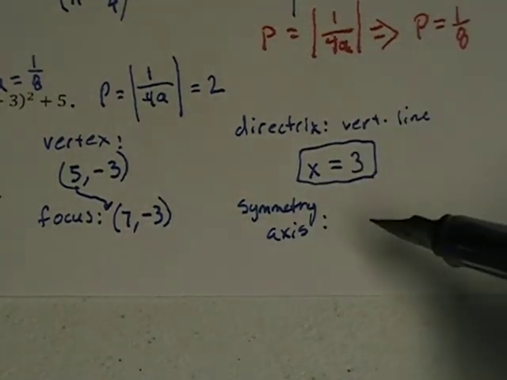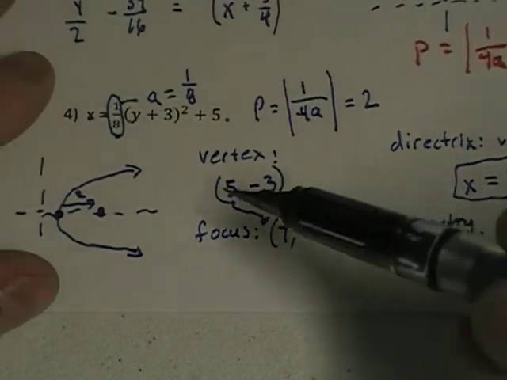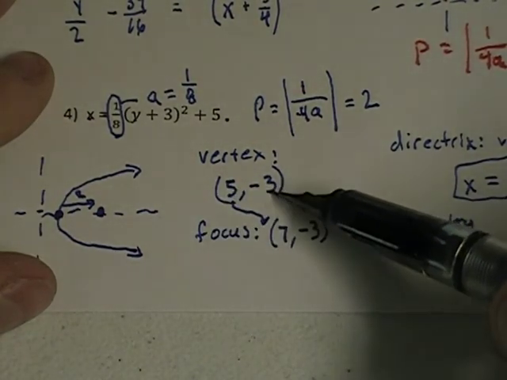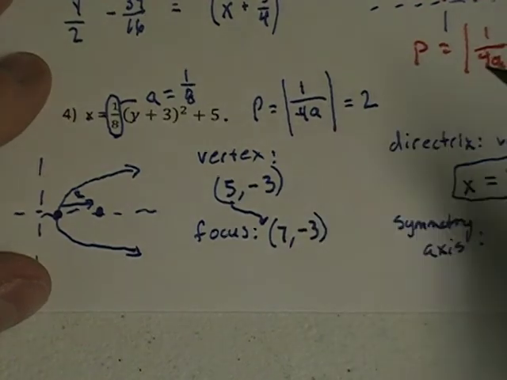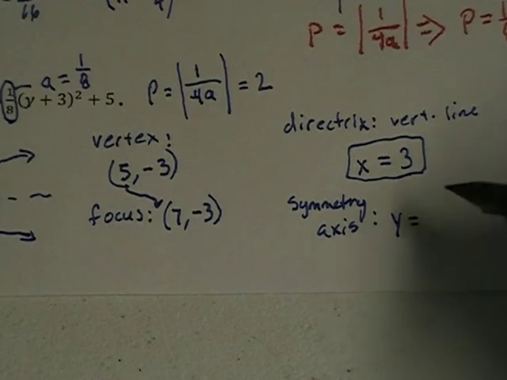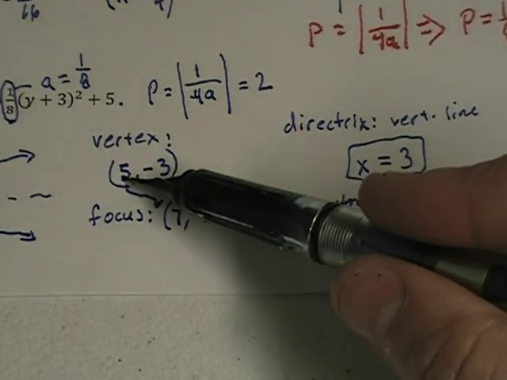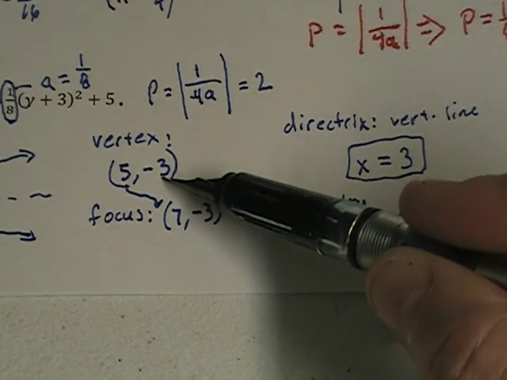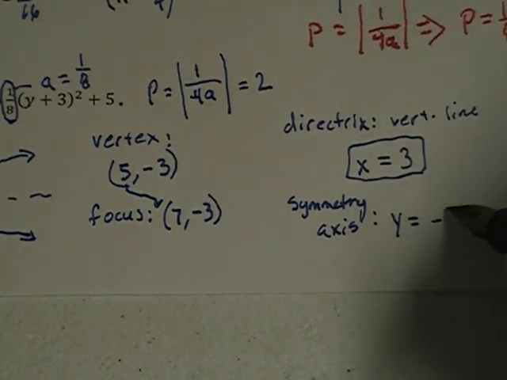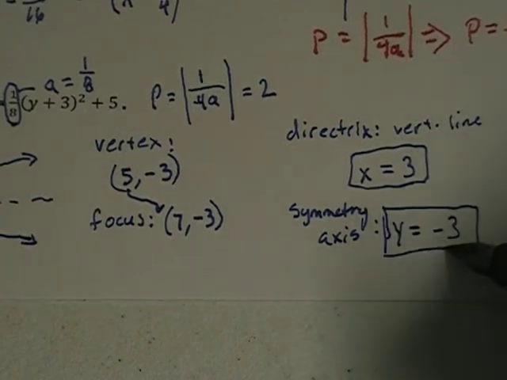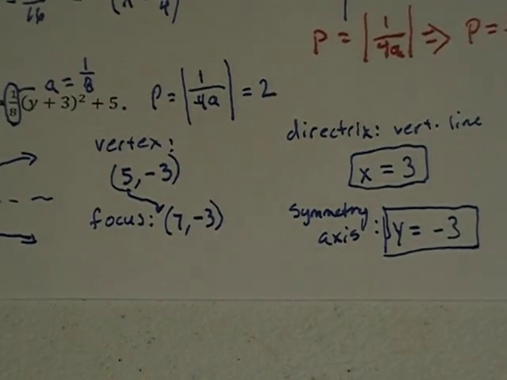And then last but not least, the symmetry axis. The symmetry axis is going to be a horizontal line through this point. And the equation for a horizontal line is y equals, and if I look at my vertex, this is x, this is y. What does y equal? -3.